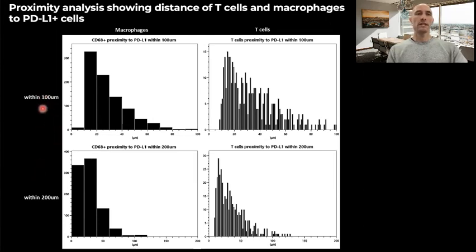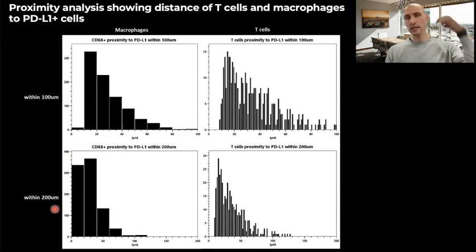We did the proximity analysis within 100 microns and within 200 microns, meaning we asked the software what's the percentage of T cells or macrophages within 100 microns of the tumor. And we did the same using 200 microns as a reference.